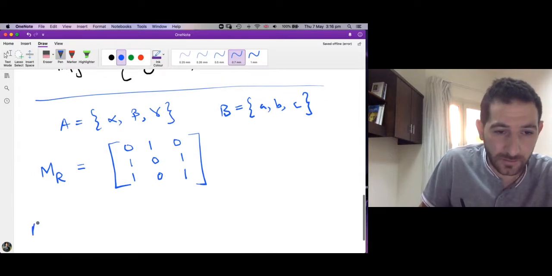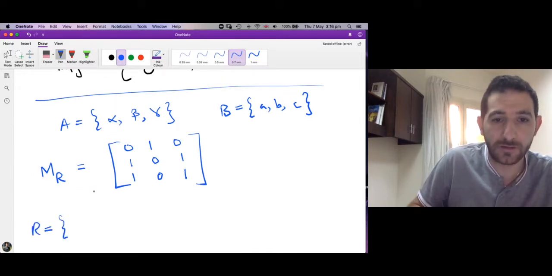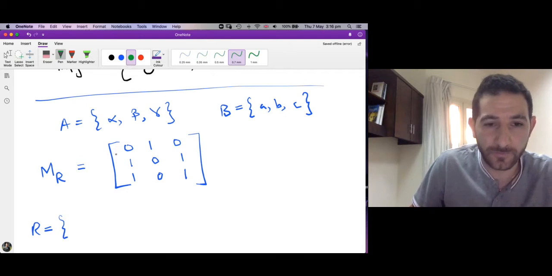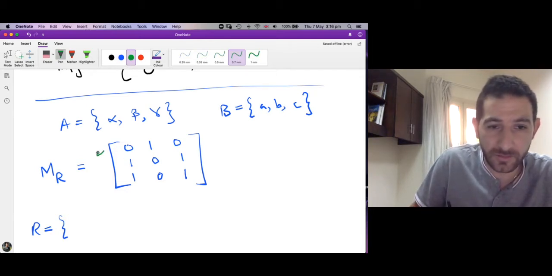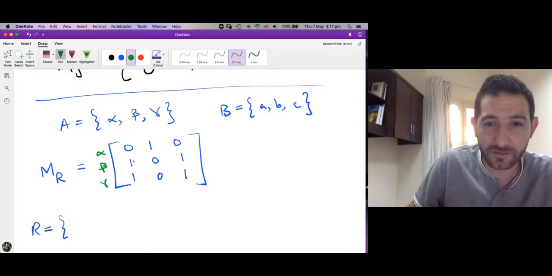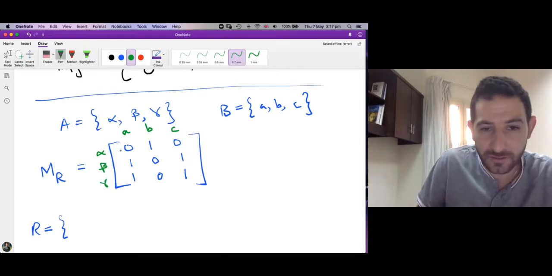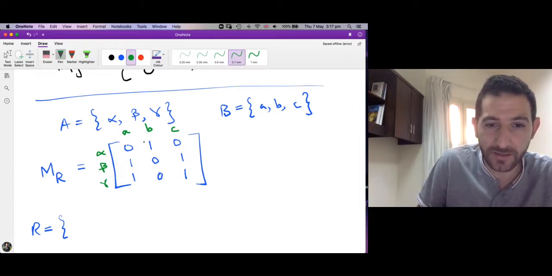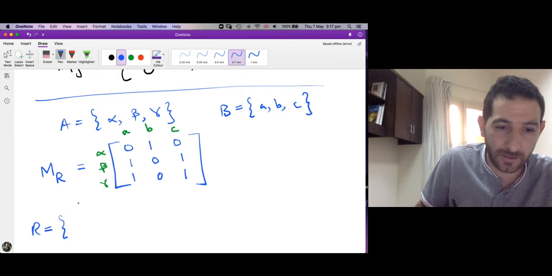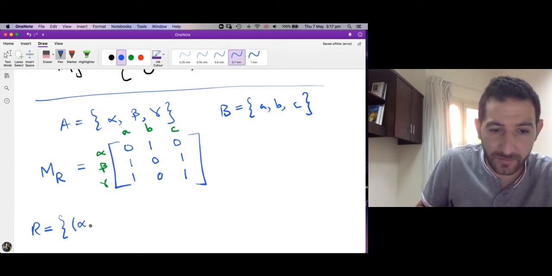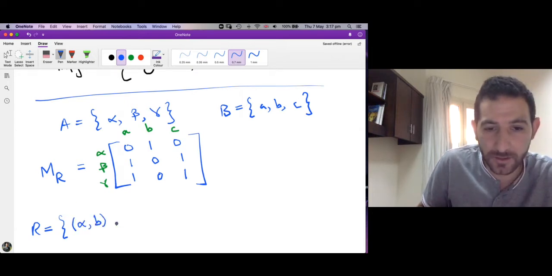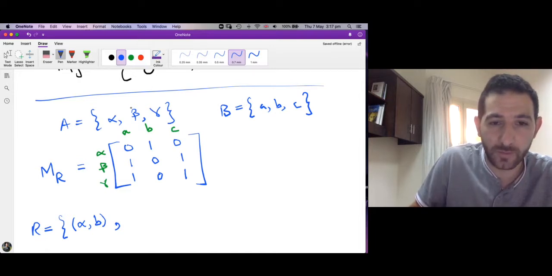Now what do we need to obtain? What is the set R, the relation R? We know that the first row represents alpha, the second row represents beta, and the third row represents gamma. And the first column represents a, the second column represents b, and the third column represents c. So from the first row, we know that only alpha is related to b. So the pair (alpha, b) is in the relation. Now we look at the ones.